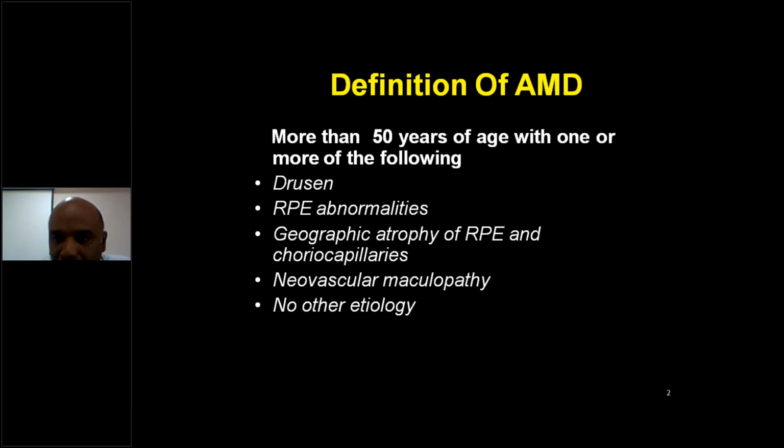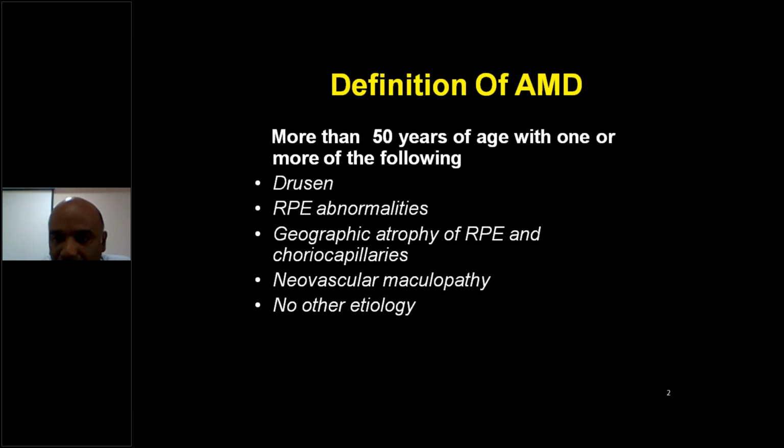Geographic atrophy of the RPE or choriocapillaris. Neovascular maculopathy, with usually no other etiology. These are the classic findings commonly seen in patients with age-related macular degeneration.